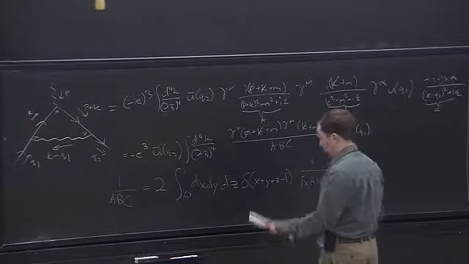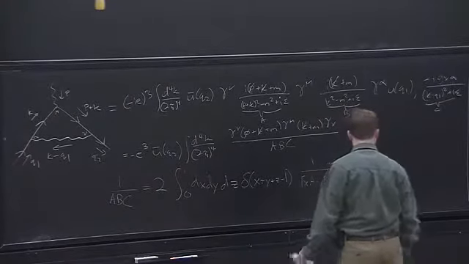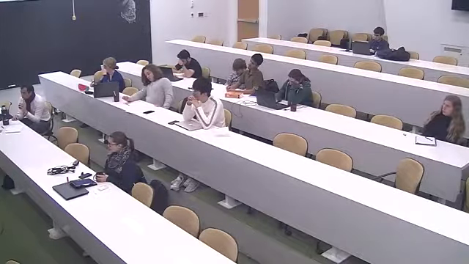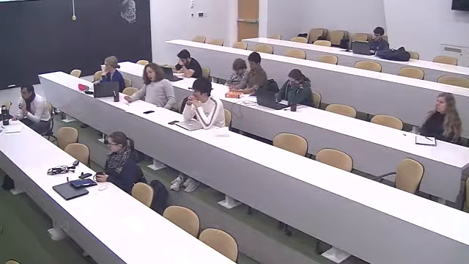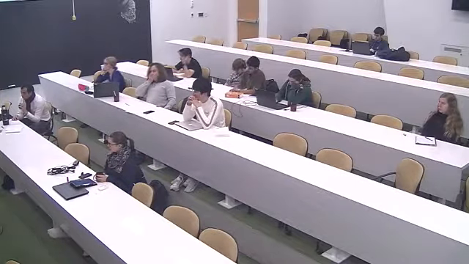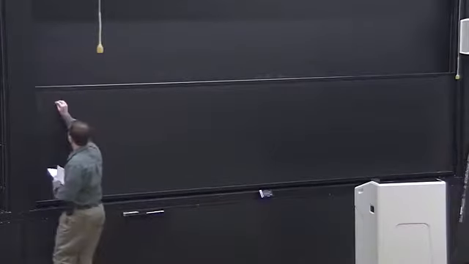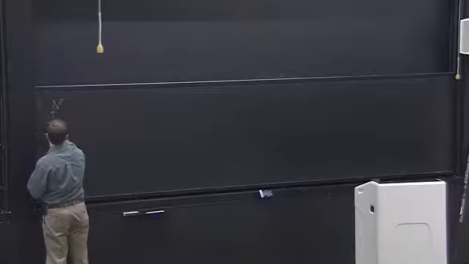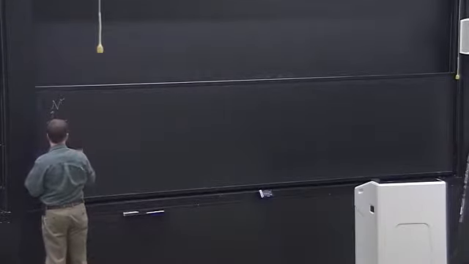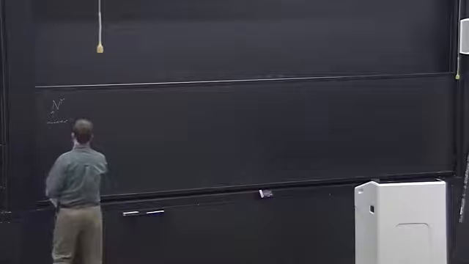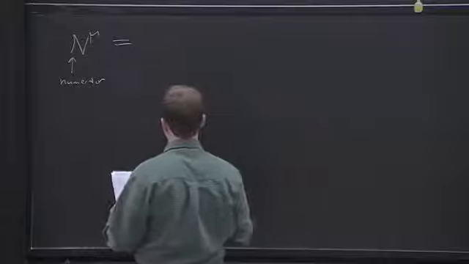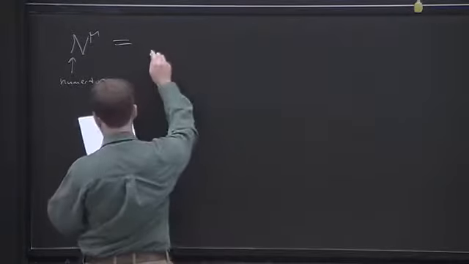But before I do that, I just want to comment on the numerator. This is the numerator. We can simplify it using the commutation relations and the identities we learned about in QFT1.